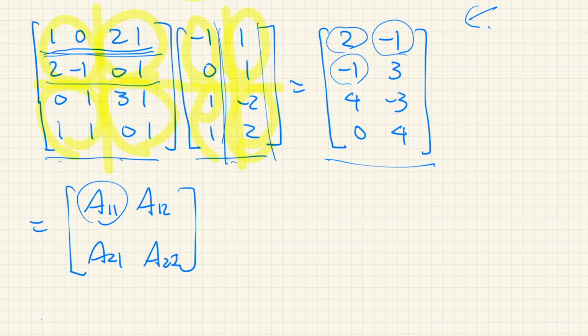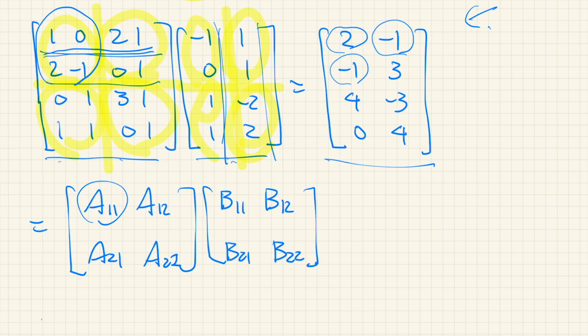So A11 corresponds to this block, and so on, okay? And similarly, B11, B12, B21, and B22. And calculate this as if each of these blocks is a number, almost.